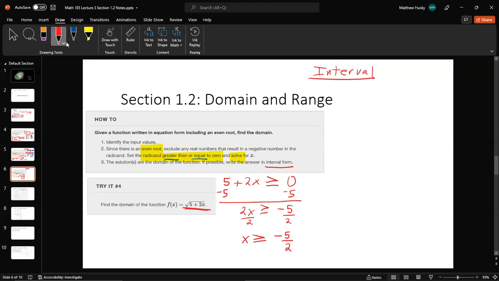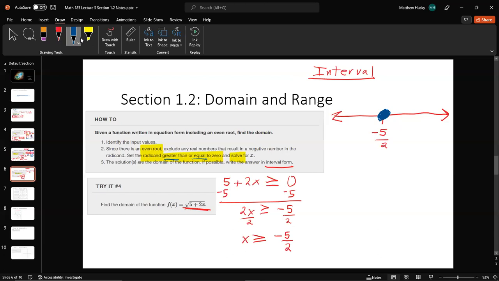I personally think it's always helpful to draw myself a picture so I can see what I'm describing first. So -5/2, we'll just put that right here in the middle. It is allowed to equal -5/2, so I'm going to put a filled in circle right here. -5/2, also known as -2.5, is one of the possible numbers you could put into this formula.